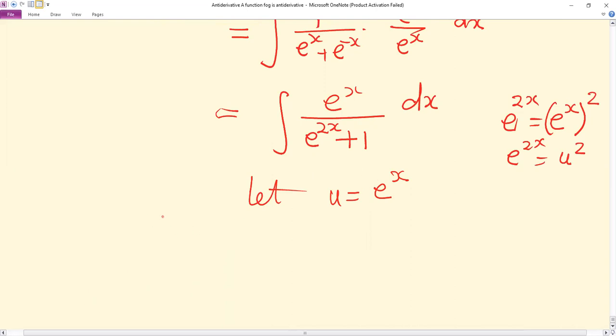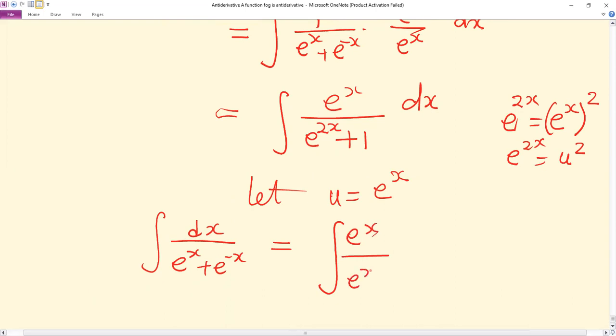So then we have integral dx over e raised power x plus e raised power minus x is integral e raised power x over e raised power x squared plus 1 dx.